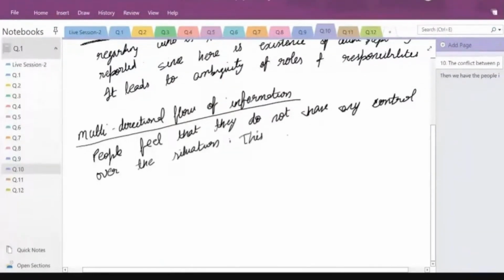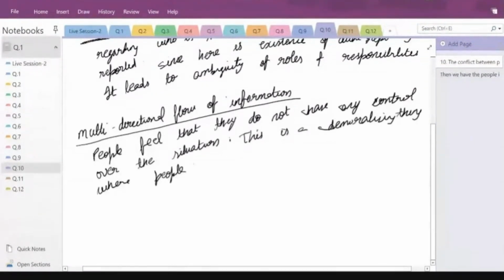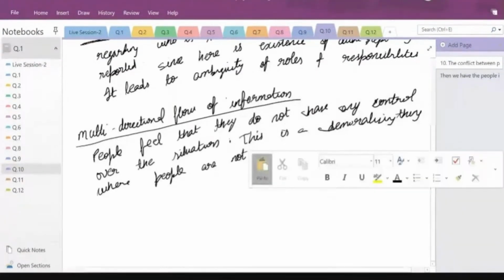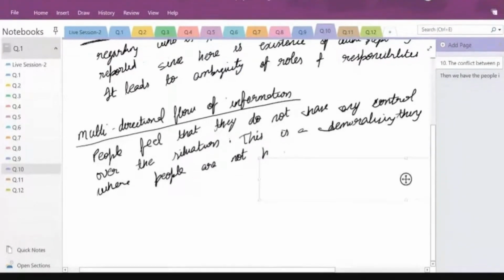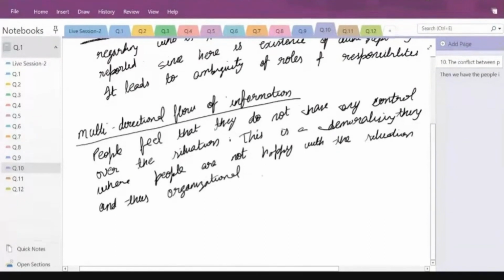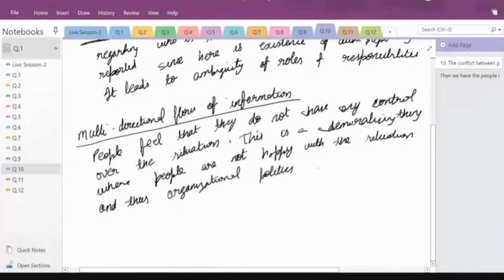This is a demoralizing thing where people are not happy with the situation, and thus organizational politics prevails significantly.